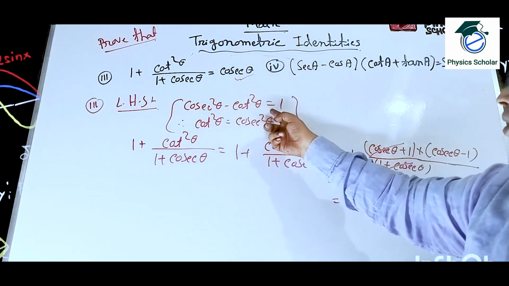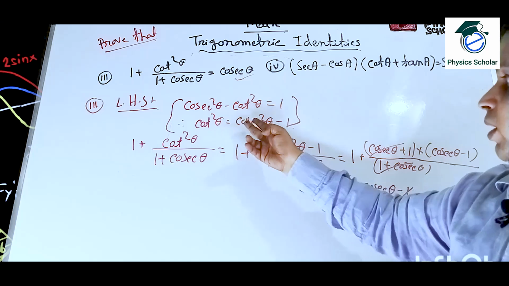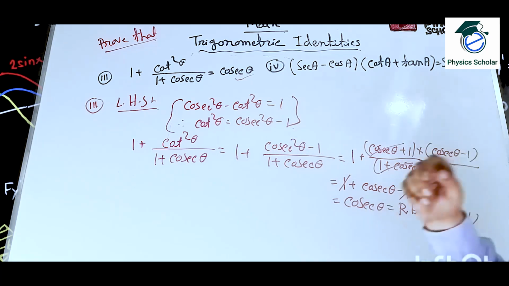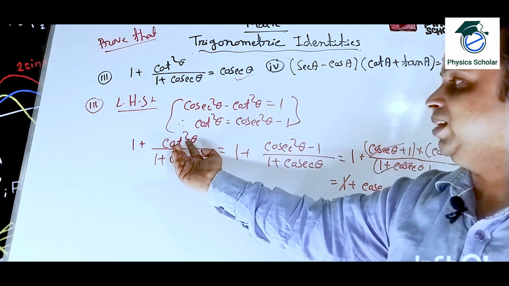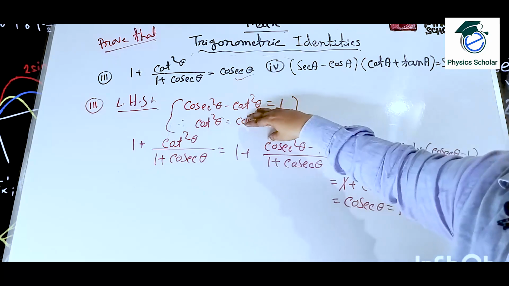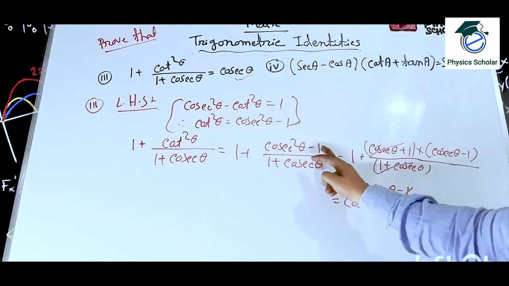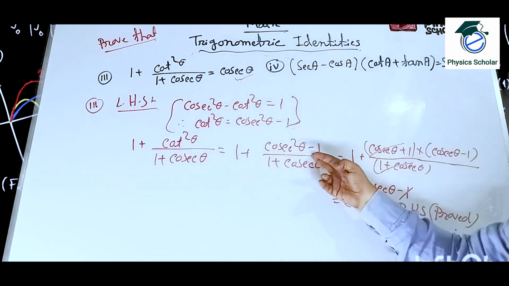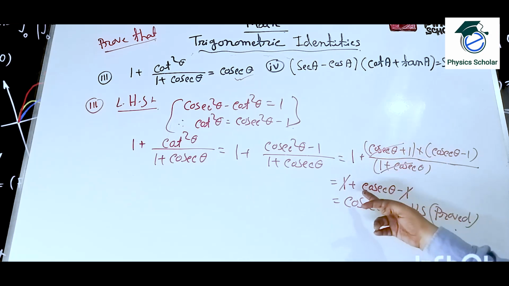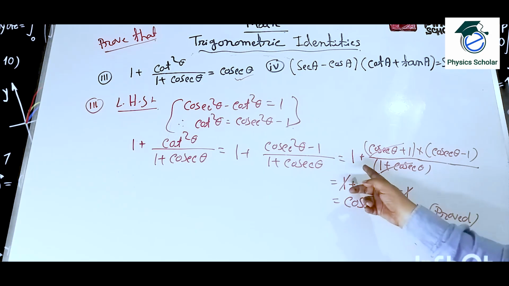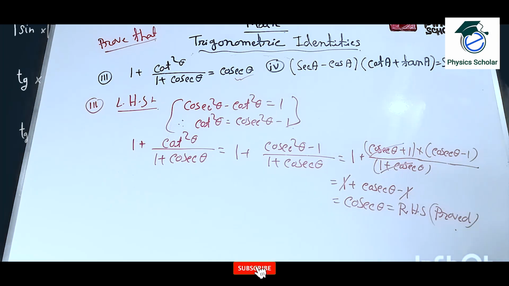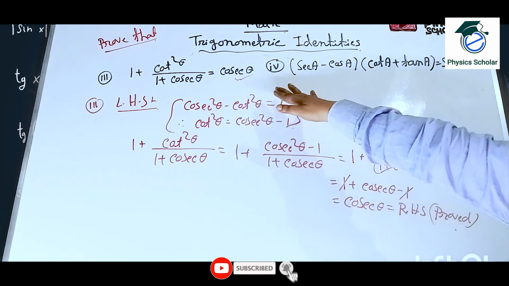Cosec square theta minus cot square theta is equal to 1. So cot square theta is equal to cosec square theta minus 1. Now we have to omit this by replacing this one. Clear? So cot square theta is equal to what? Cosec square theta minus 1. Then it is a formula (a plus b) into (a minus b). So this will be cancelled. So 1 plus cosec theta minus 1. So minus 1 and plus 1 will cancel. Then the answer will be cosec theta. And that we have to prove.